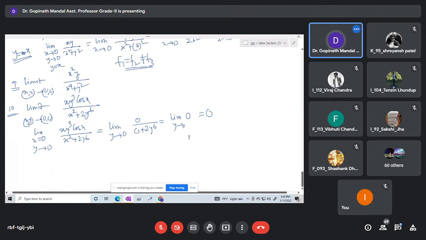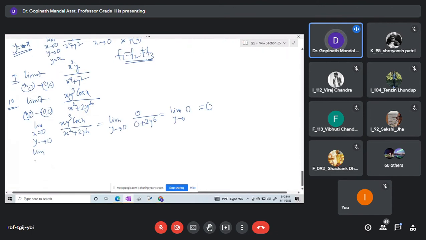Second case, y equal to 0 and x tends to 0 of the function: this will be 0 by (x square plus 0). It is also 0.